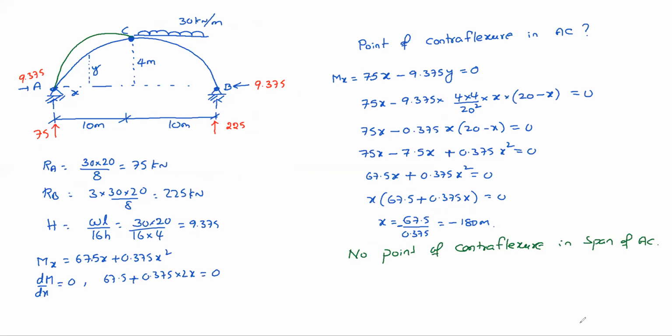Sir, in the capital H, it is WL square by 16H, right? Then 187.5 comes for the horizontal reaction. 30 into 20 divided by 64. L square, right? So the square must be there. 187.5, this was the wrong one.